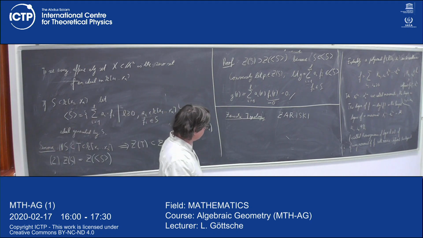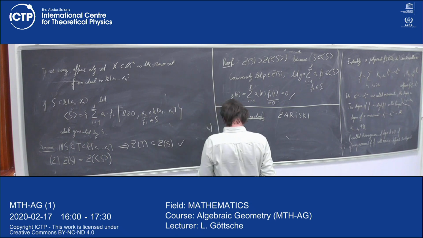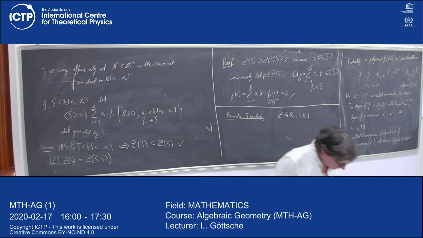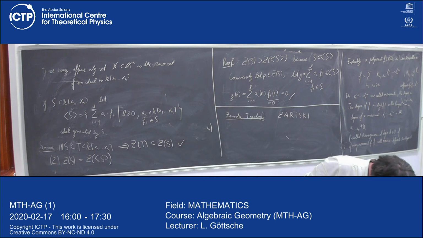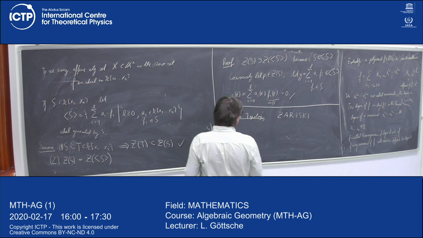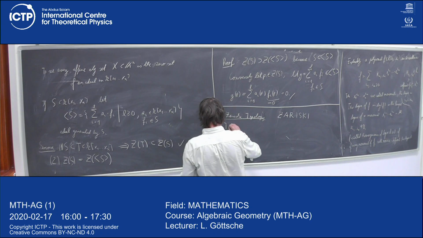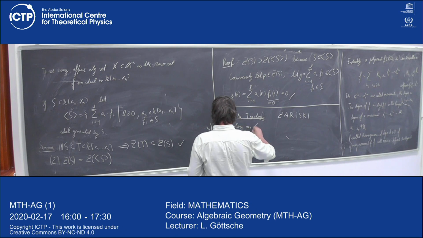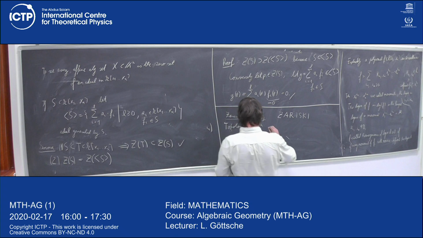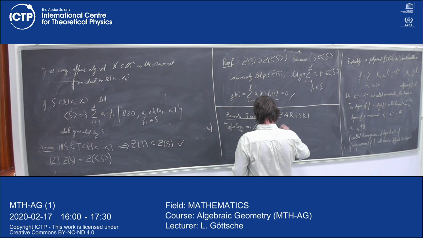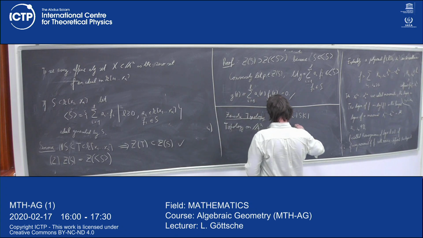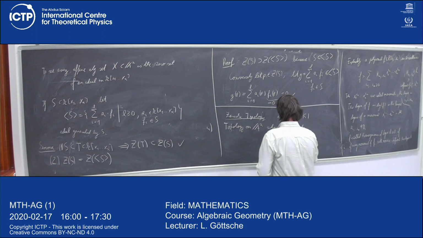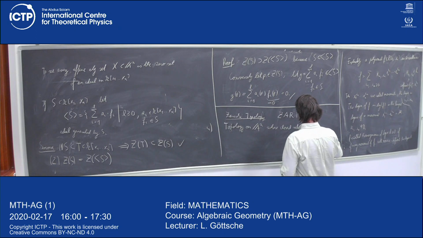So how does it go? Basically, we want a topology on A^n whose closed subsets are the affine algebraic sets.